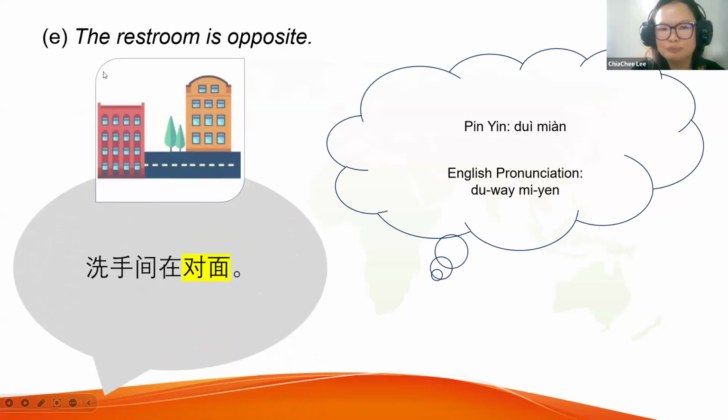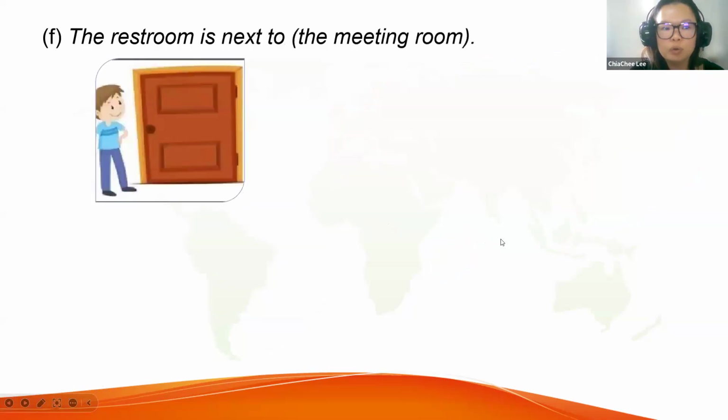But we say the restroom is opposite. 洗手间在对面. 对面, you have to put some effort, go to the opposite side. So the last one would be the restroom is next to the meeting room.